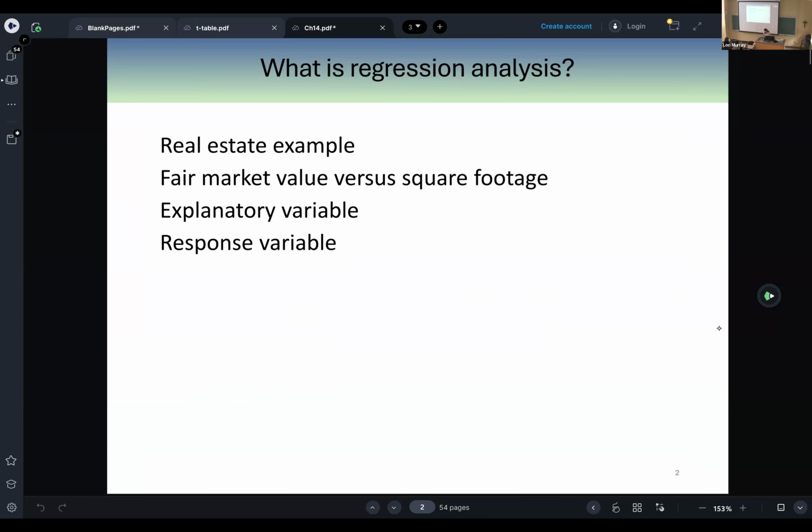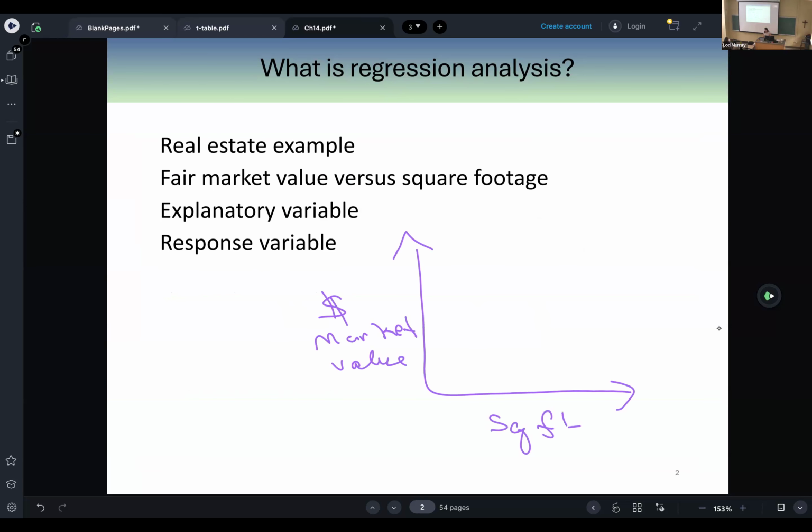So if we take the example with the real estate, we have houses. Let's say their market value. And we look at square feet. So let's say our explanatory variable in this case would be the square footage of a house.